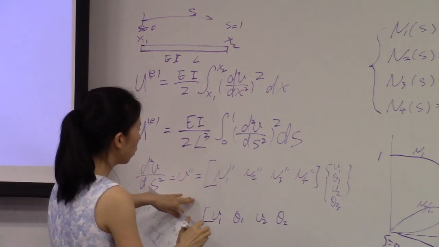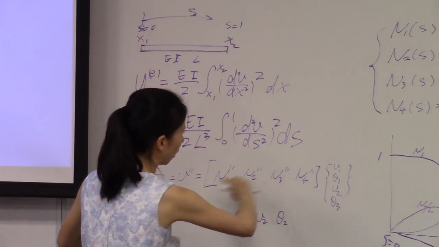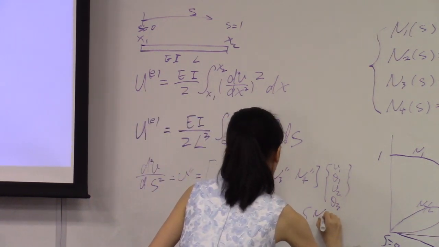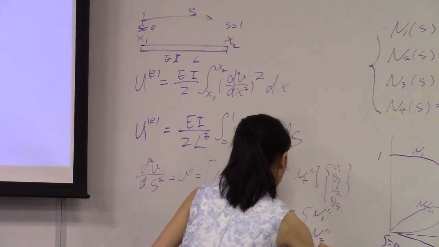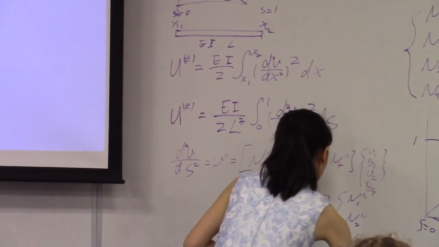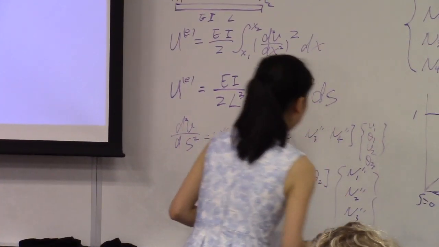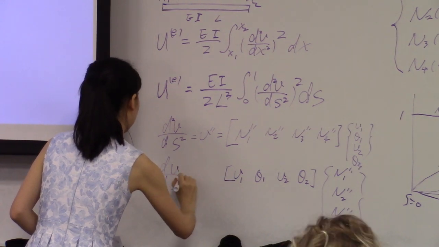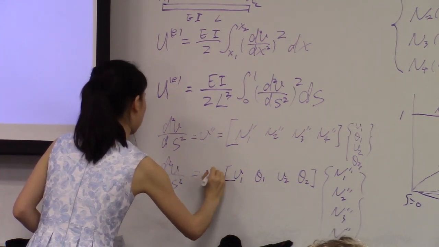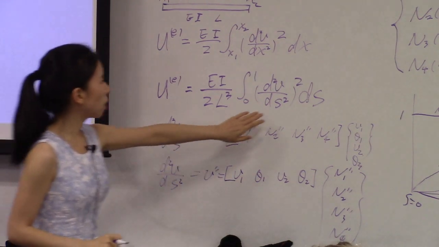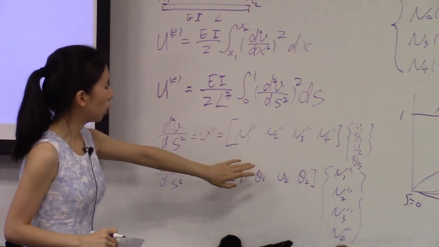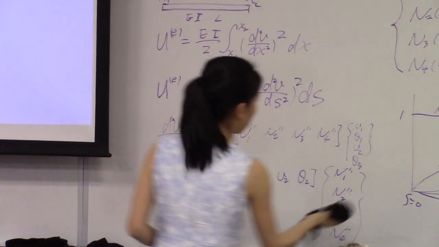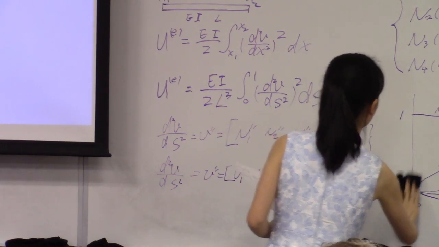So we can either calculate it in this way, or like this: N1 double prime, N2 double prime, N3 double prime, N4 double prime. Same here for the second derivative.